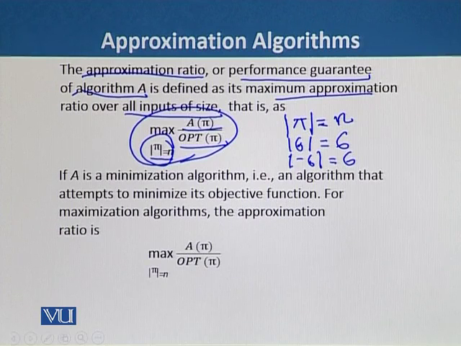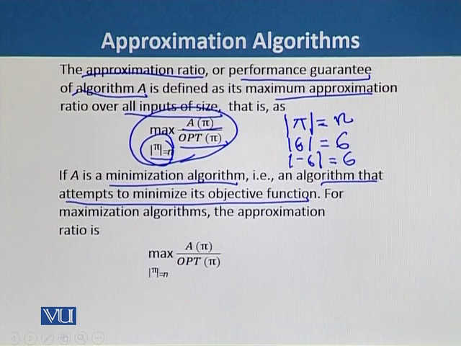On the other hand, if A is a minimization algorithm, that is, an algorithm that attempts to minimize its objective function, then the approximation ratio should be minimum, and the same formula will be applied here also.